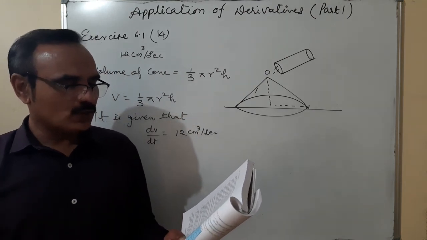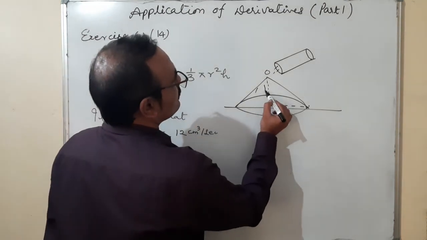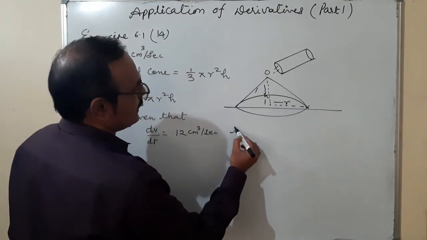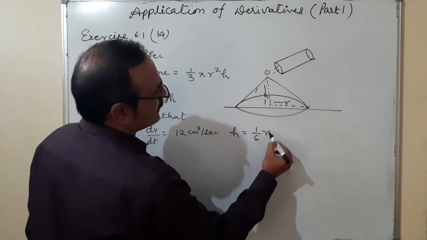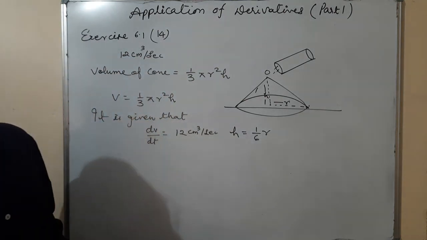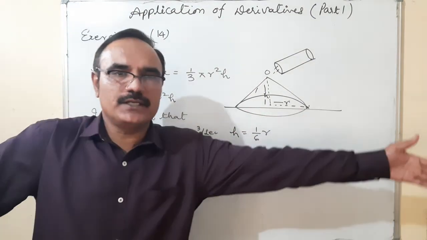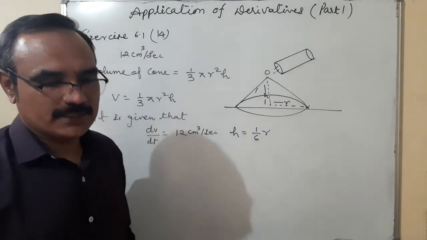Height of the cone is always 1/6 of the radius. That means the radius is too much, height is very small. So h is equal to 1/6 r. This is also given.